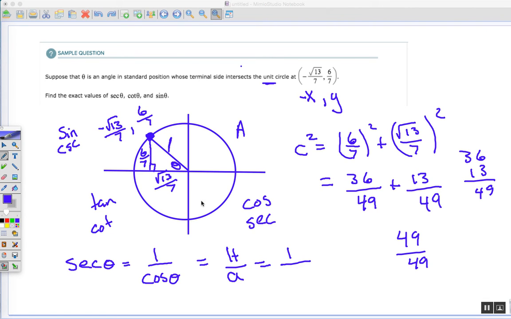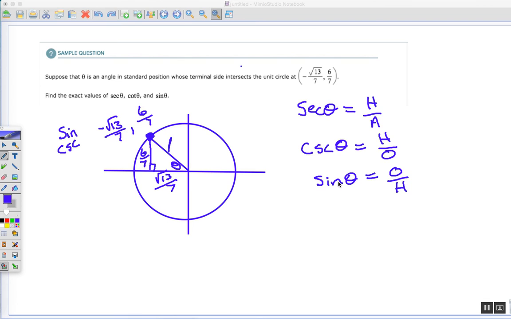So we have 1 divided by square root of 13 over 7. And remember, when you divide by a fraction, you flip and multiply. So that's going to be 1 times 7 over the square root of 13, which is equal to 7 divided by the square root of 13. And in this quadrant, only sine and cosecant are positive, so we know that this has a negative value.